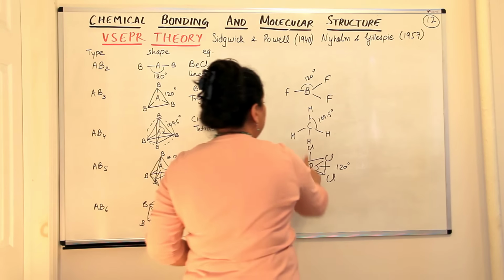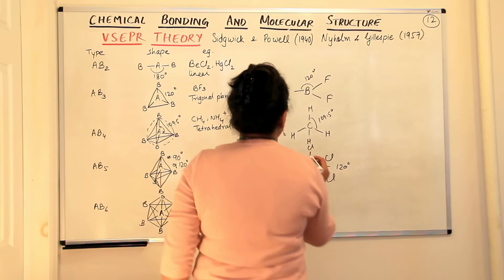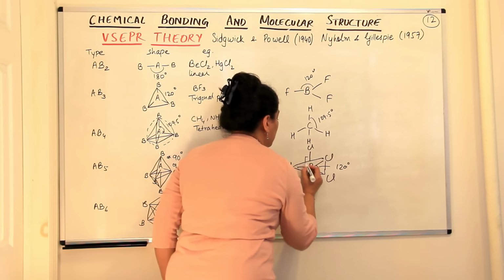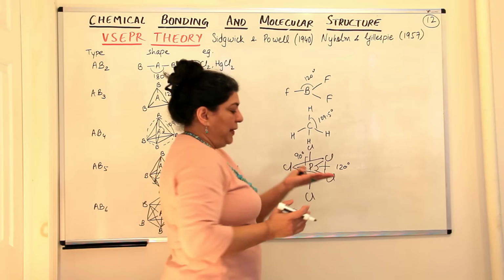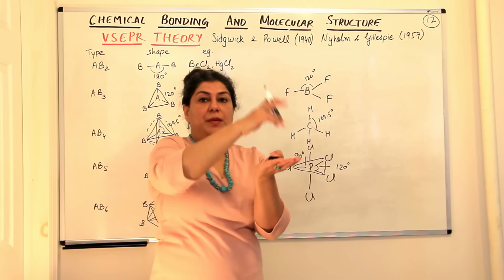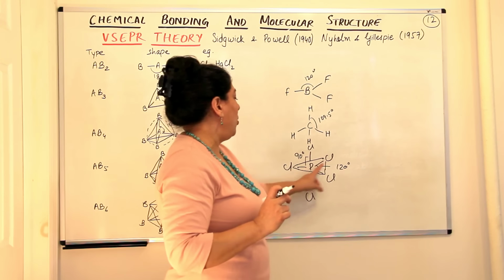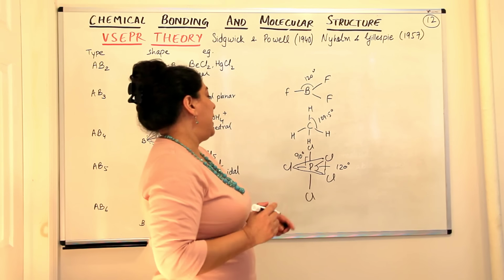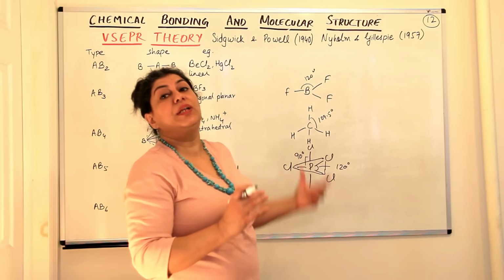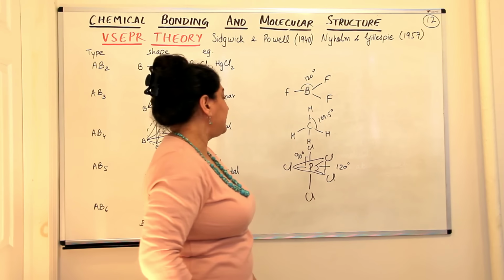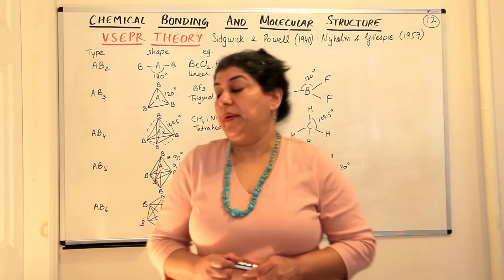So the axial bonds, their angle is 90 degrees with all 3. It's a plane, and you have the pencil coming from the center. So all three equatorial bonds are at 90 degrees from both the axial bonds. So this is the structure that is trigonal bipyramidal.